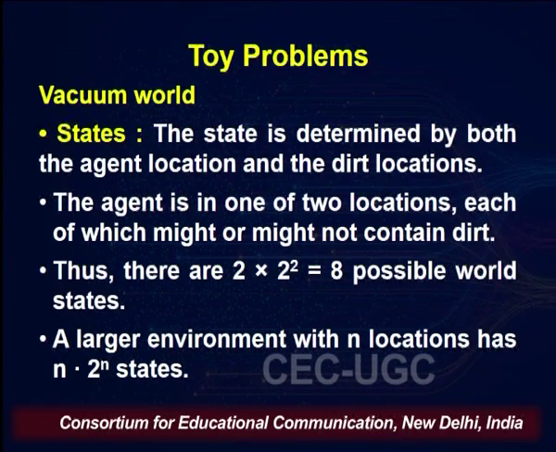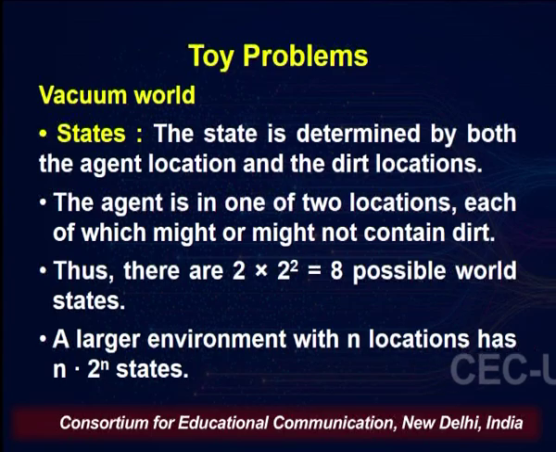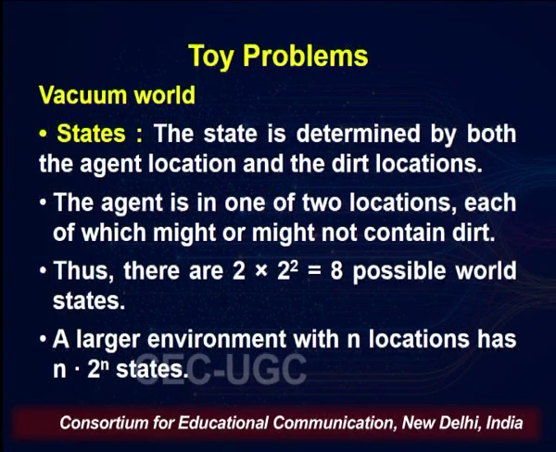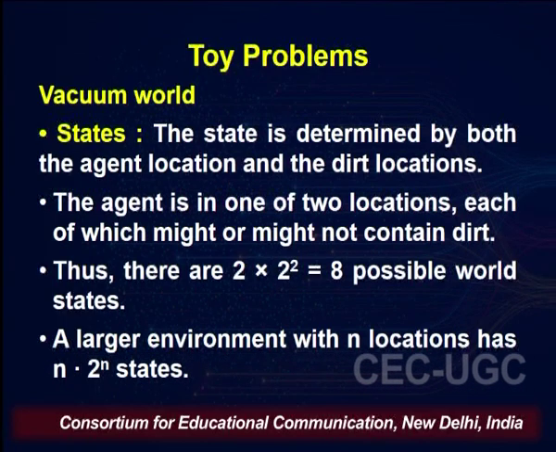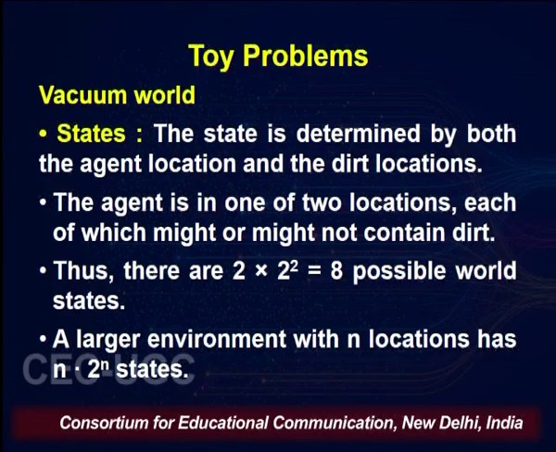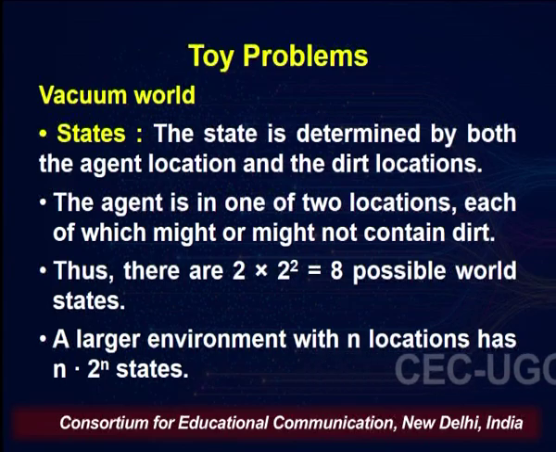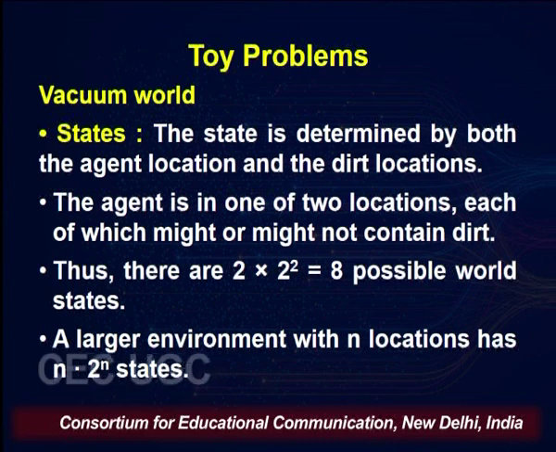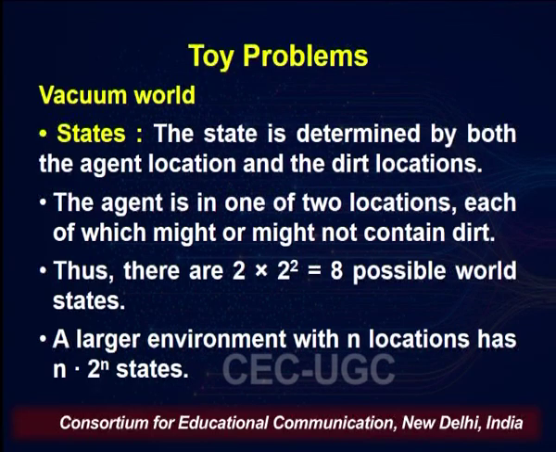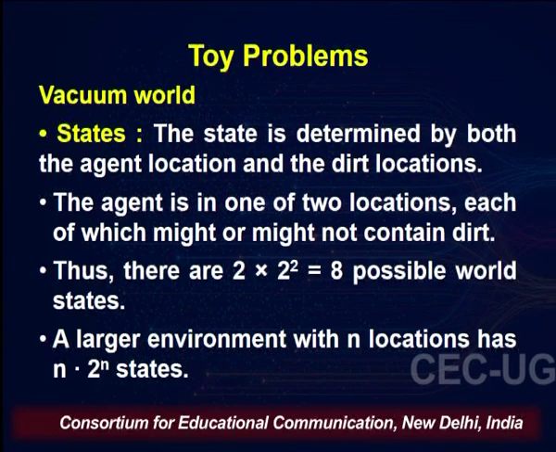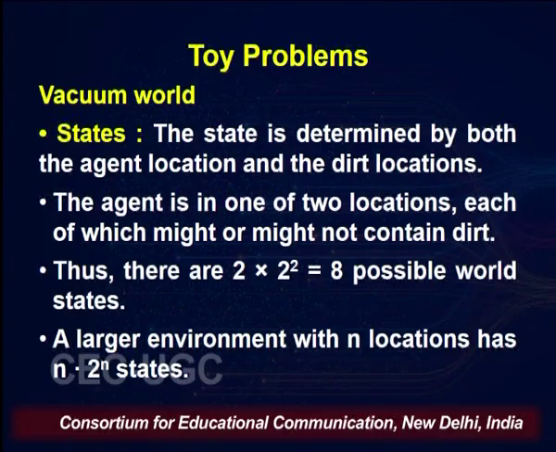There are 8 possible situations: 2 into 2 to the power n, which here is 2 to the power 2 since there are only 2 locations. A large environment with n locations has n into 2 to the power n states. So this was about the states in the vacuum world.